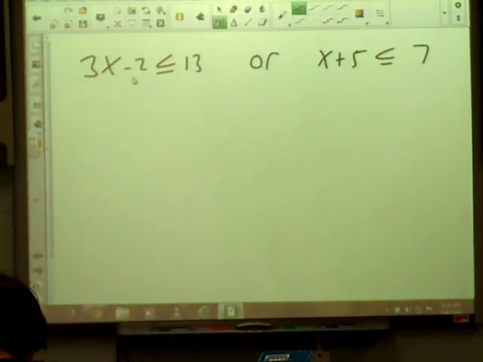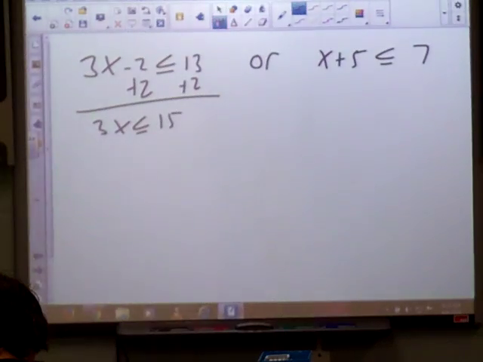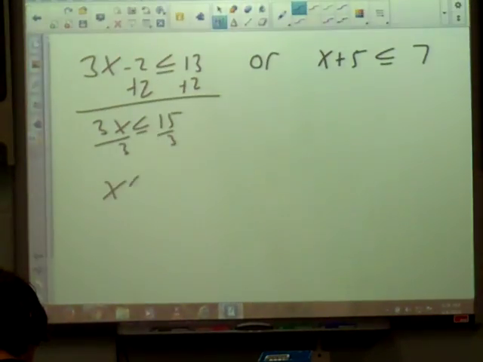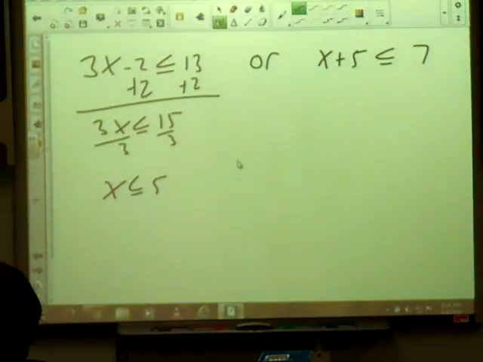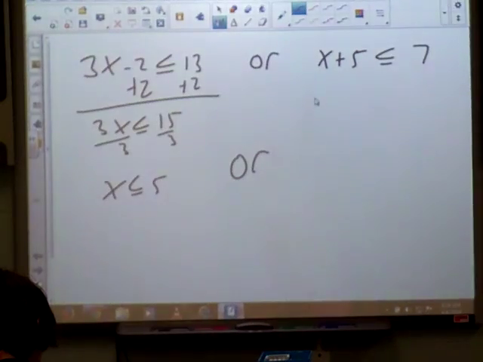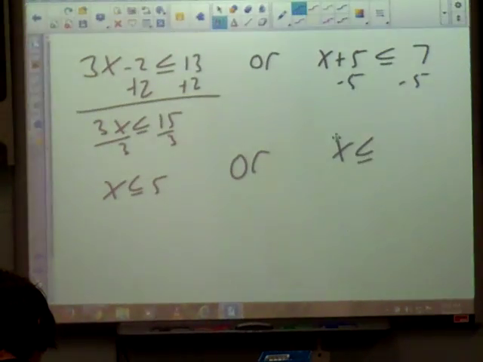Add 2. So that gets me 3x is less than or equal to 15, which means x is less than or equal to 5. Or, what do I do on the right? Subtract 5. Easy one to solve. X is less than or equal to 2.